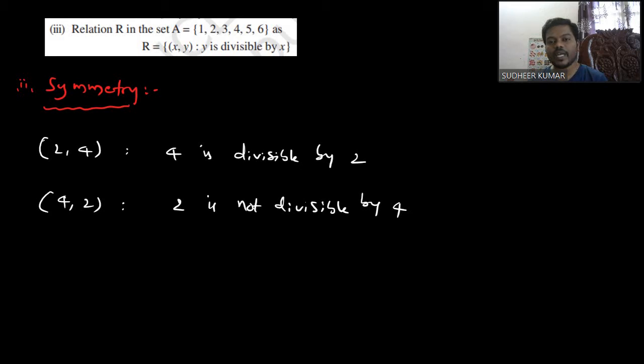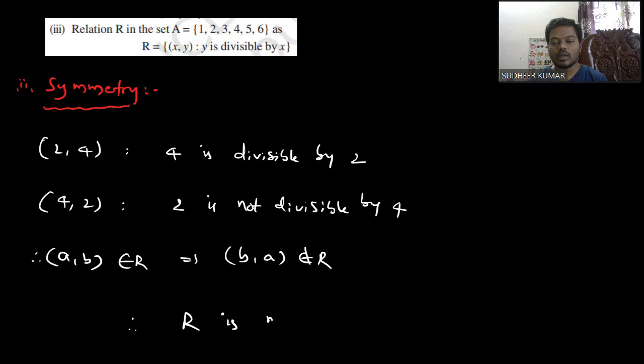So one case has failed. The other cases we need not check. So here (A, B) belongs to R does not imply (B, A) belongs to R. Therefore, R is not symmetric.